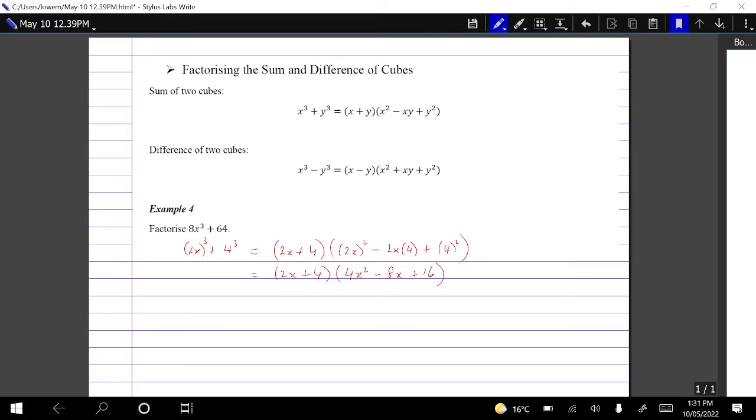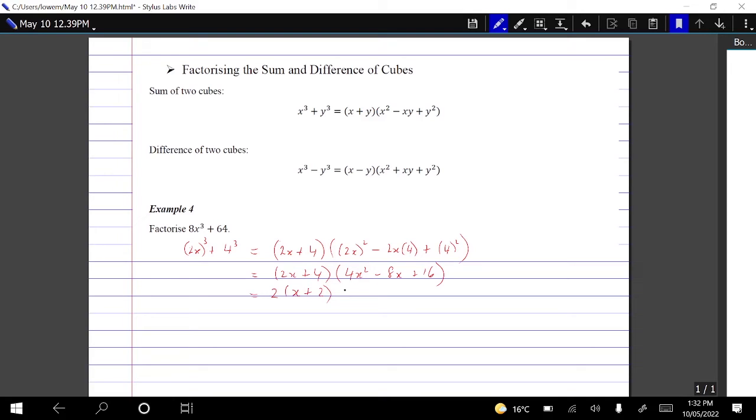Strictly speaking, in terms of factorising it completely, we probably could take it a little bit further. At this stage, we can see in the first set of brackets there is a common factor of 2, and in the second set of brackets there is a common factor of 4. So we could take the 2 out from the first set of brackets, leaving us with x plus 2.